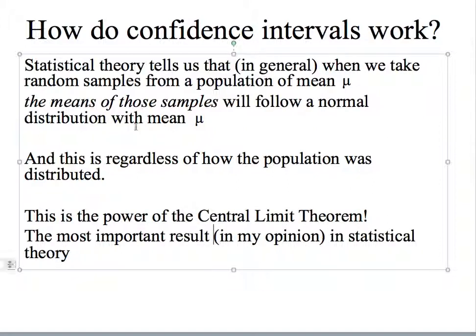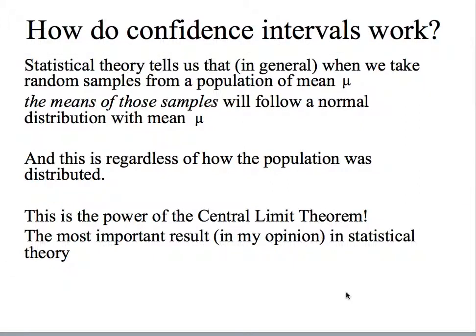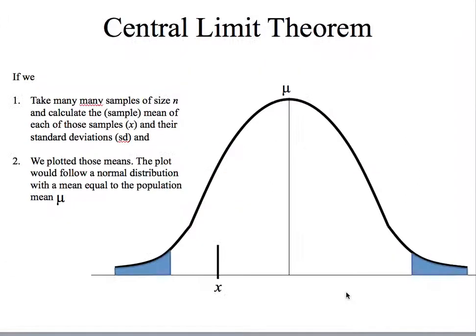And it's basically this, that when we take random samples from a population of mean mu, regardless of how it is distributed, the means of those samples will follow a normal distribution with mean mu. Now, we use this to make inferences.